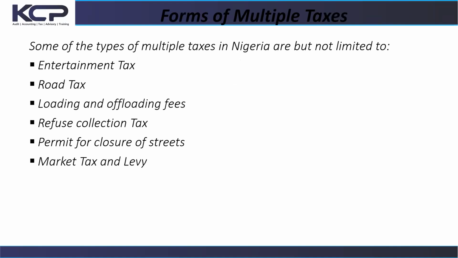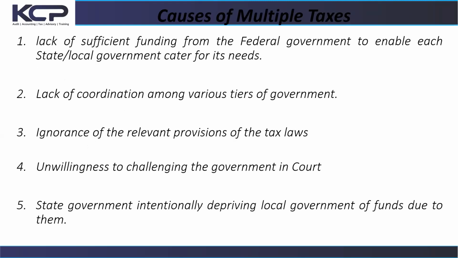These are all forms of taxes that ordinarily, if you have paid your PAYE, you don't need to suffer again. If you have paid your education tax and your income tax, you don't have to suffer this form of taxes again. So these are seen as unnecessary duplication or multiplicity of tax within our tax system.